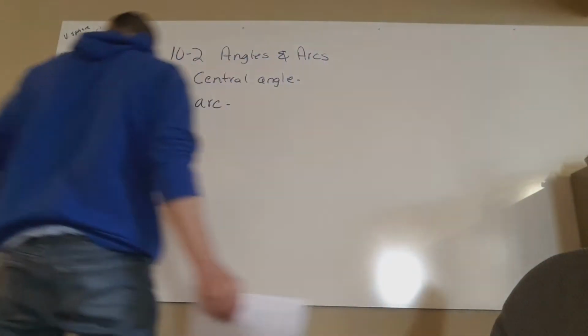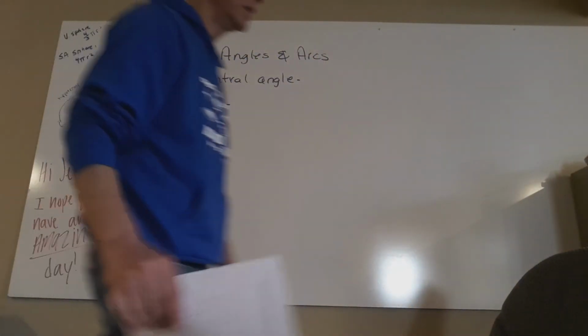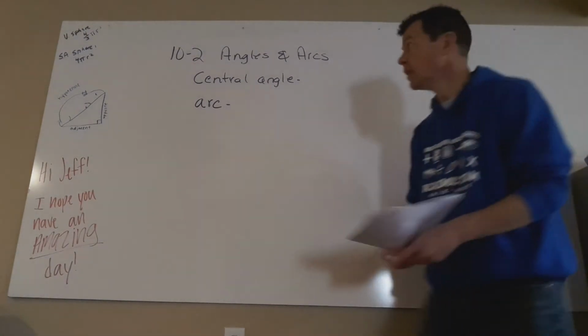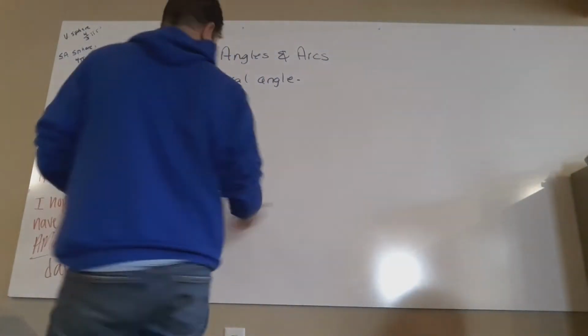So a couple definitions here for us. Central angle. That's just an angle that's formed inside the circle.